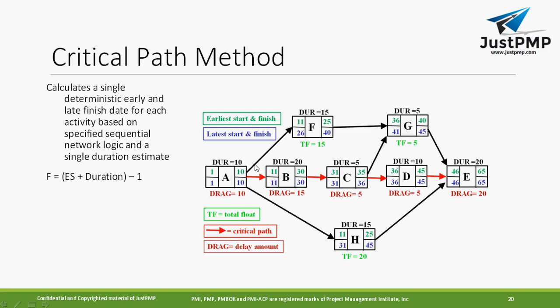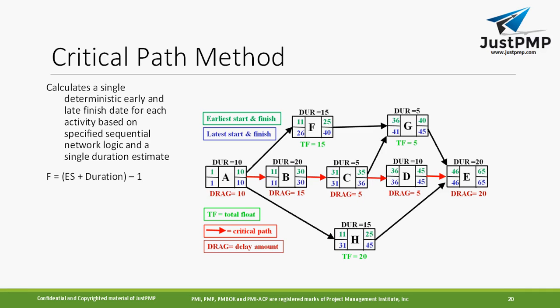So how are you going to calculate the earliest start dates? Based on this diagram, they will give you the arrow marks and tell you which one is linked, which is a successor, which is a predecessor. You need to calculate the earliest start date and earliest finish date first.